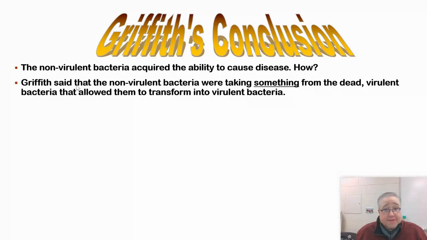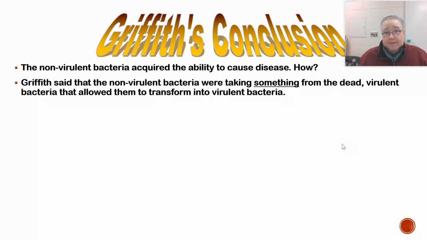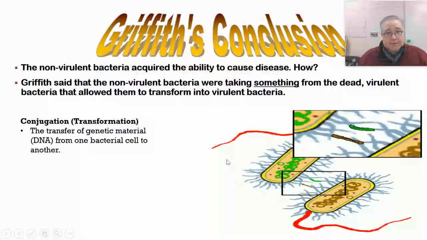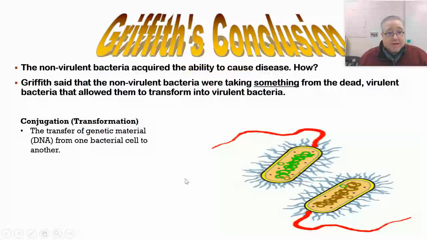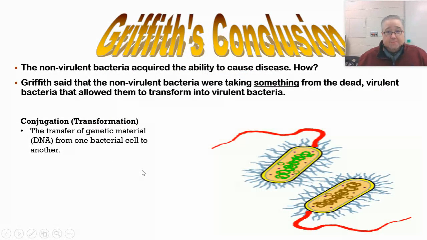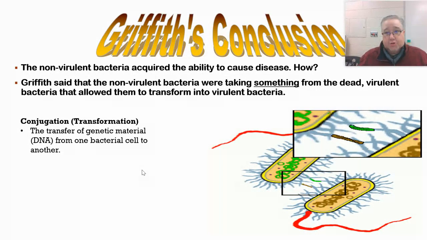But he said that the non-virulent bacteria were taking something from the dead virulent bacteria that allowed them to transform themselves into virulent bacteria. Now, eventually, what he stumbled upon was something called conjugation. This is a process that bacteria can do.